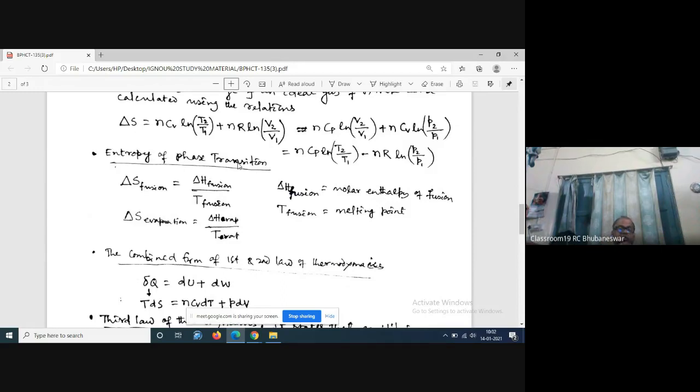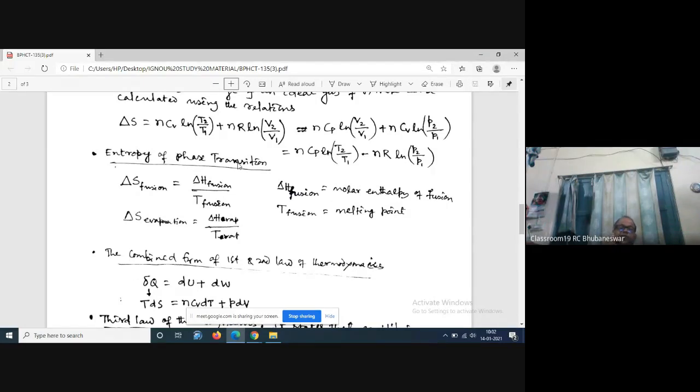If we apply heat to the solid, its temperature goes on increasing, and at a certain temperature and pressure, it starts melting. Once it starts melting, its temperature doesn't change. We say the fusion starts. So how much is required for fusion of the substance?